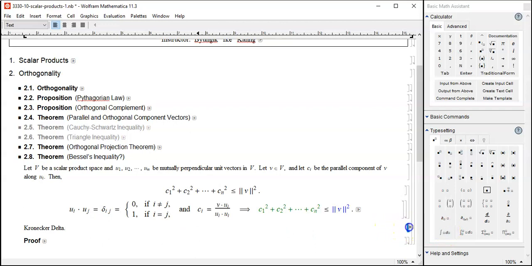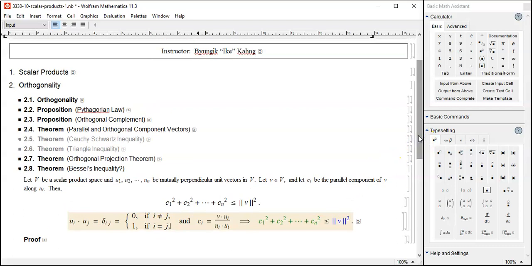Anyway, Ui dot Uj is 0 whenever i and j are different, and 1 if i and j are the same. And then Ci is a parallel component, V dot Ui over Ui dot Ui. Then C1 squared plus C2 squared plus all the way up to Cn squared is less than or equal to the norm of V squared. And that's called Bessel's inequality.